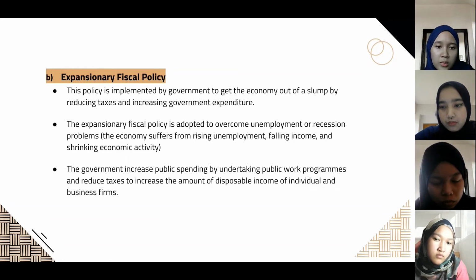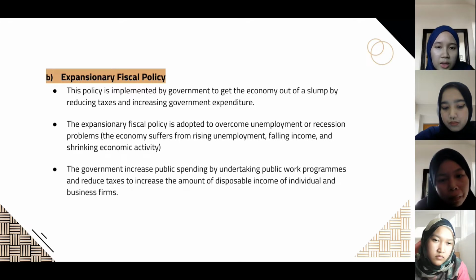Fiscal policy is adopted to overcome unemployment or recession problems. The economy suffers from rising unemployment, falling income, and shrinking economic activity. The government increases public spending by undertaking public work programs and reduces taxes to increase the amount of disposable income of individuals and business firms.